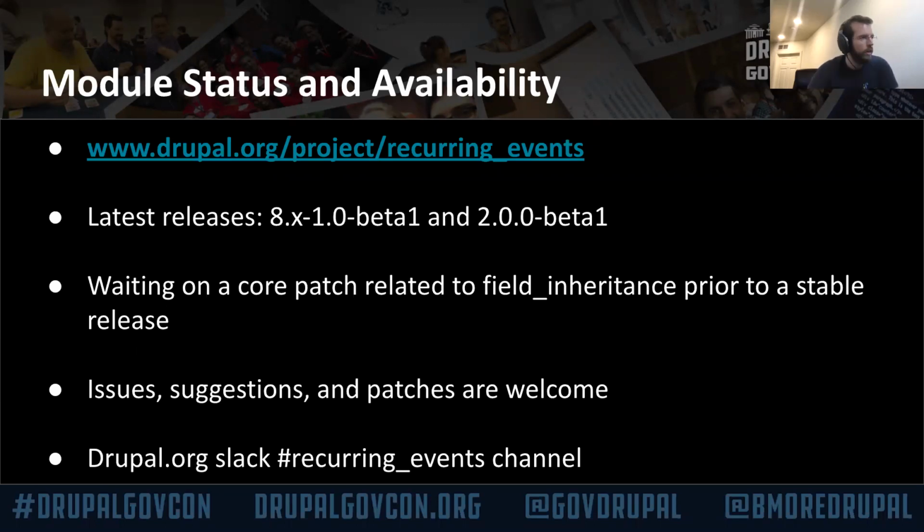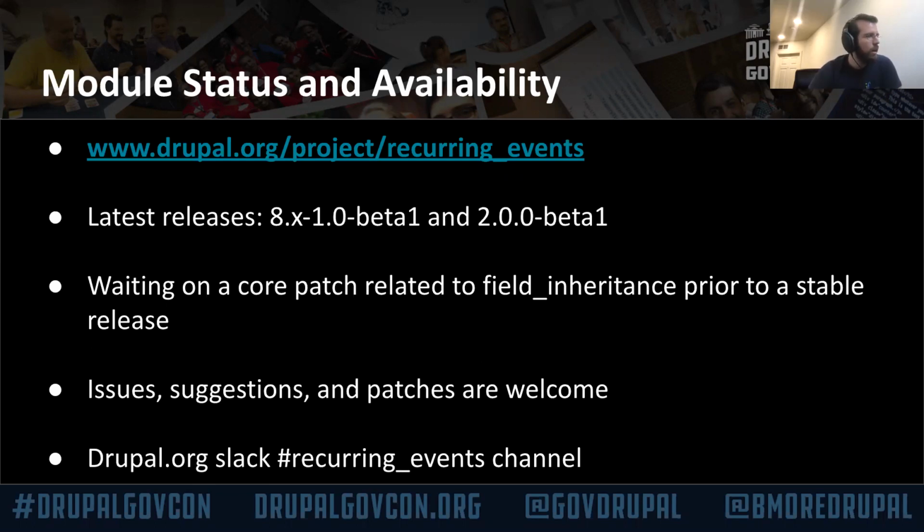You might be wondering, why is this not stable? There is a core issue related to views and field inheritance. There's an issue against core to get that patched, but it's not there yet. There's a patch, but it's not merged.